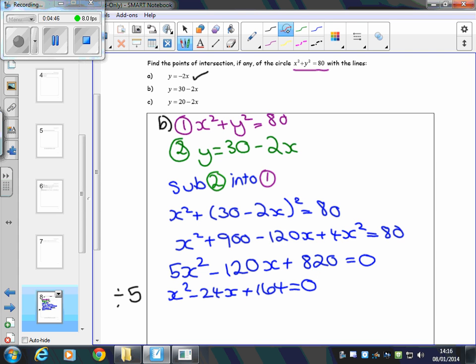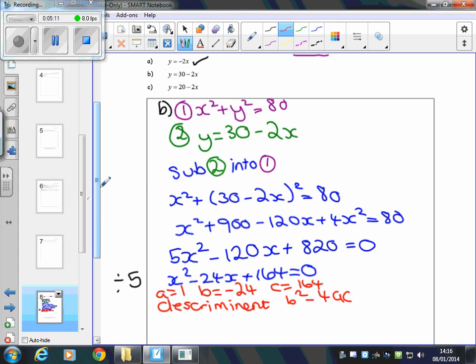Now from this, I'm going to find the discriminant. So that can be found by doing b squared minus 4ac, where here my a equals 1, my b equals minus 24, and my c equals 164. And this will tell me how many roots this equation has, and therefore how many points of intersection there are between the line and the circle.